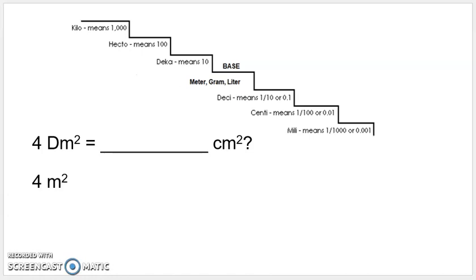A decameter, this is a capital D since it's deca, is 1, 2, 3 steps. Remember, each step is a factor of 10. So 1 decameter is equal to 10 to the first, 10 to the second, 10 to the third, or 1,000 centimeters.